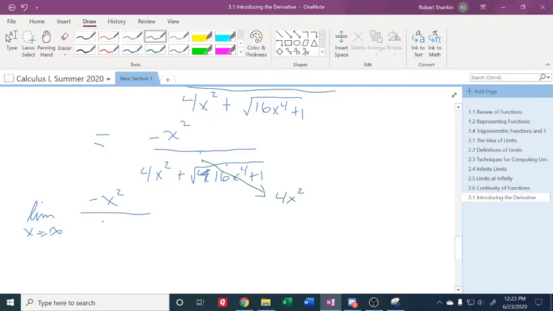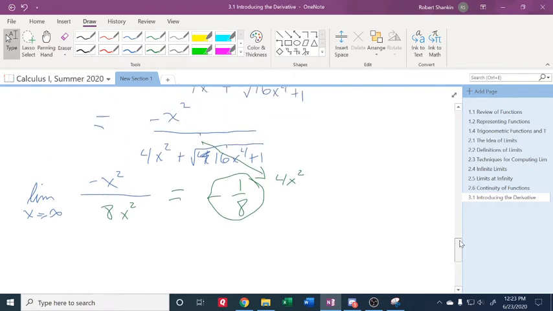And so this will become 8x squared as x gets really, really, really large. That 1 becomes less and less significant. And so then these x squareds will cancel out, and you'll get negative 1/8. So it's a very advanced problem, but this thing will get infinitely close to negative 1/8.